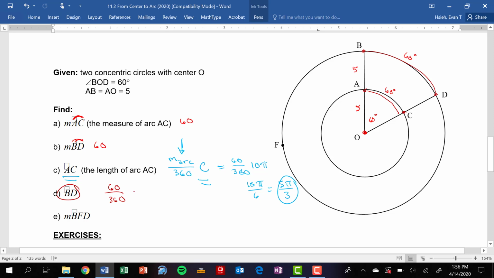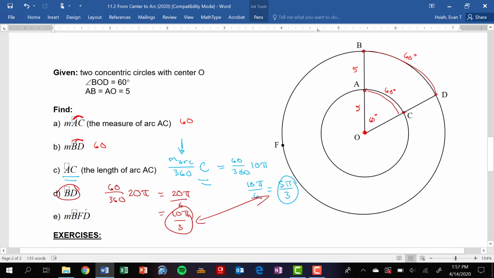It's 2 pi r, or 20 pi, because the radius is 10. So this ends up being 20 pi over 6, which simplifies to 10 pi over 3. If you look at this, the two lengths of the arcs are very different.